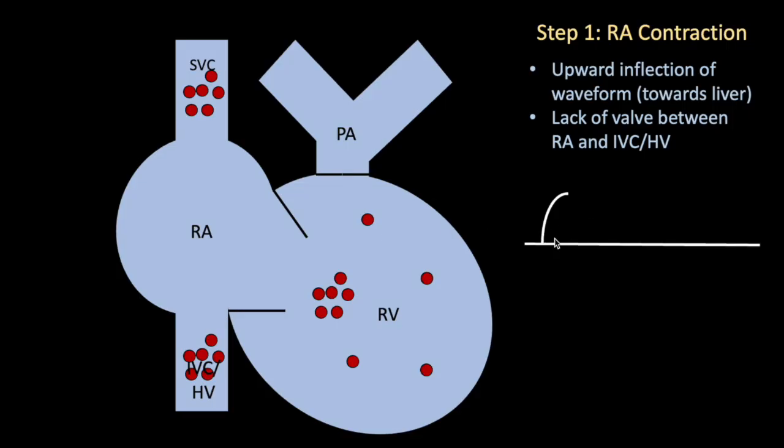So this initial upward inflection of the tracing of the hepatic vein is caused by reversal of blood flow from the right atrium into the hepatic veins.